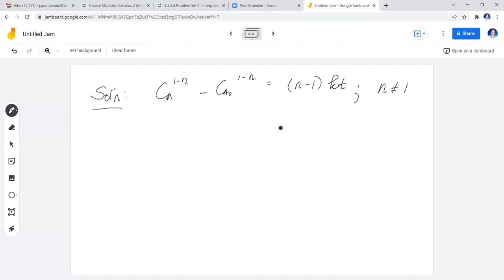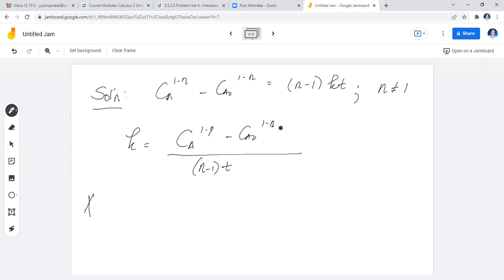We will have an expression that will solve for k, so we can assume an initial value for n and check whether, based on our pair of information, the k value will not change. So I will have CA raised to 1 minus n minus CA0 raised to 1 minus n divided by n minus 1 times the time. So this is our working equation now.